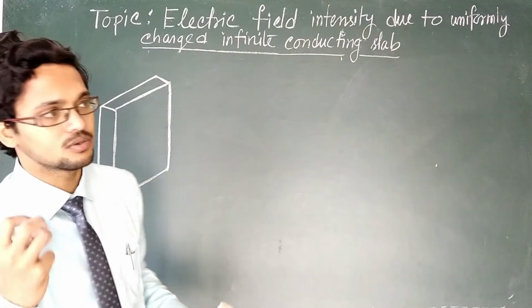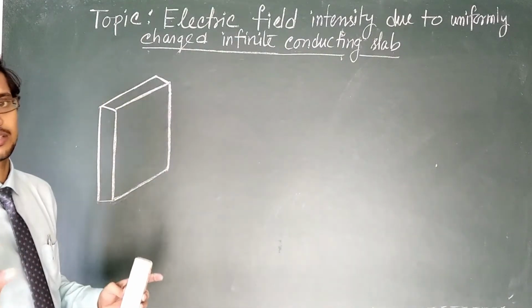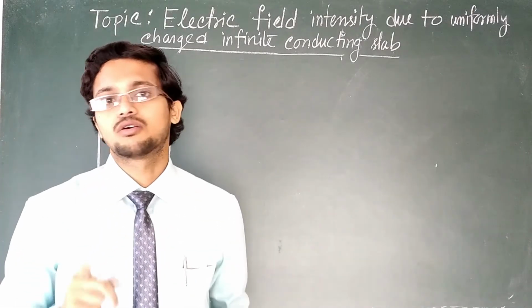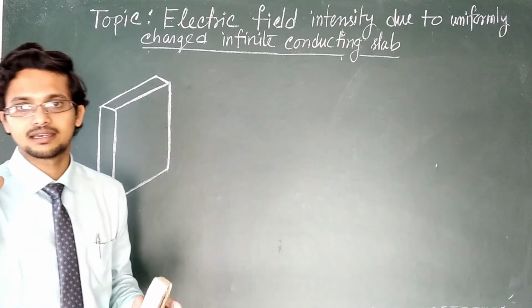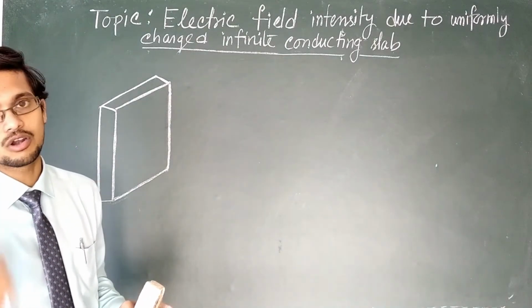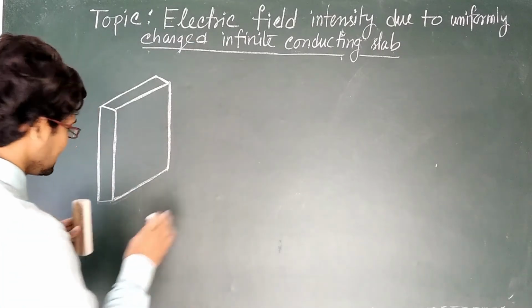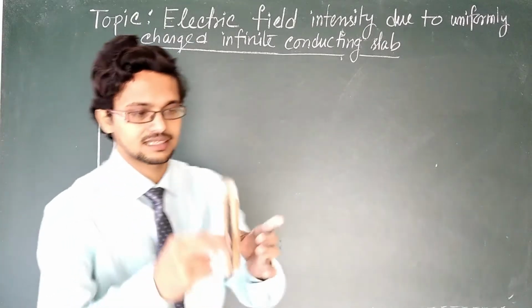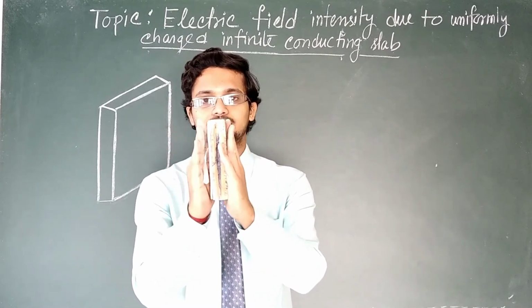Conducting means if you give some charge to this slab, then charge will reside only on its outer surface. That means this slab has two surfaces, like this duster. This one is this, one is this.